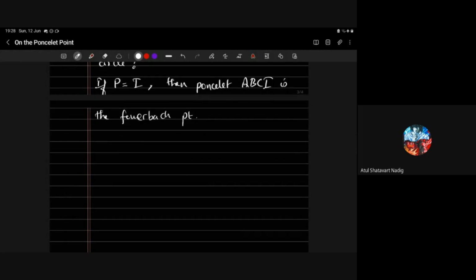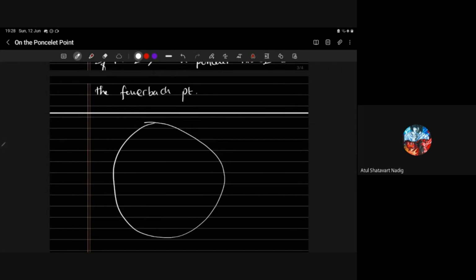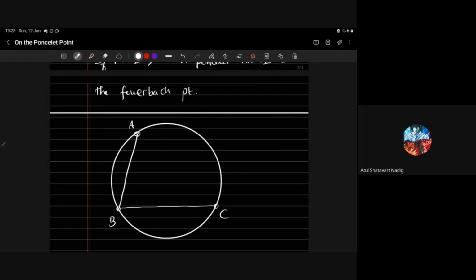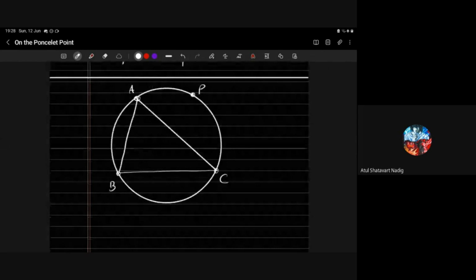Okay, next. We'll do something about the isogonal conjugate of a point and a circle. Let's say you have a circle, circle ABC, and let's take a point P here. So, do you know the fact that the isogonal conjugate of P with respect to ABC is a point at infinity?